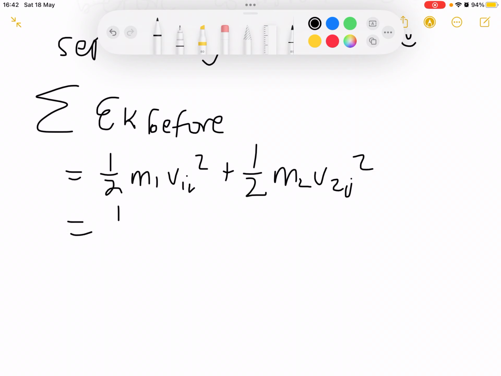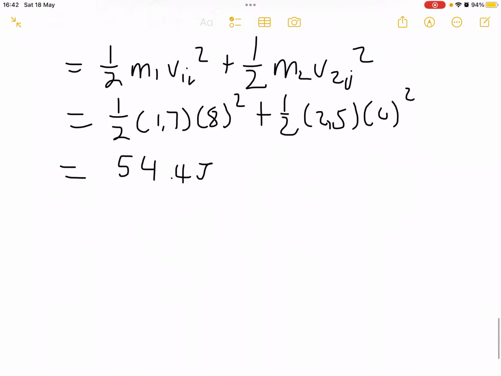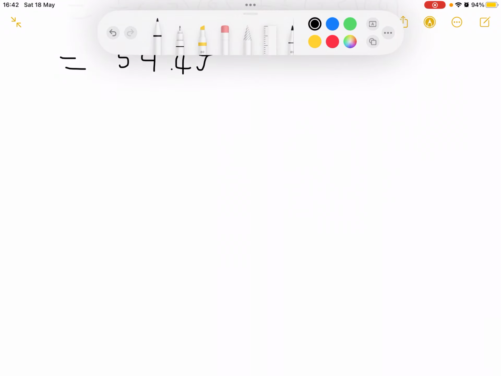And before the collision, we know that we had half of 1.7 kilograms multiplied by 8 squared plus half of 2.5 multiplied by 0 squared, since that one was stationary. Then we get the sum of 54.4 joules, and that is the sum of the kinetic energy before the collision.